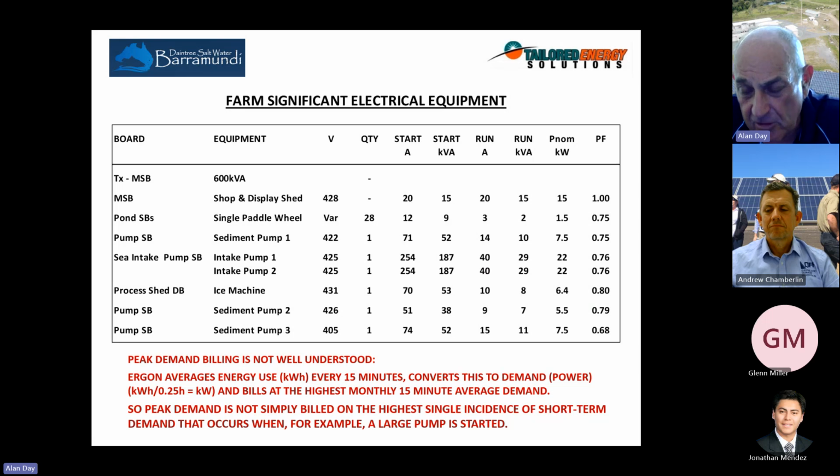There is an averaging process. Peak demand charges are not simply based on the highest single recorded peak demand. The impact is a little less severe because it is averaged over every 15-minute period. I thought I'd mention that because it's not something that's very well understood.